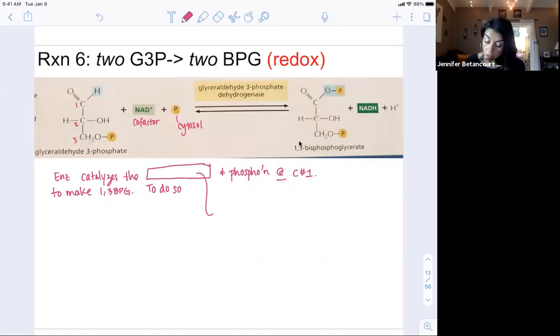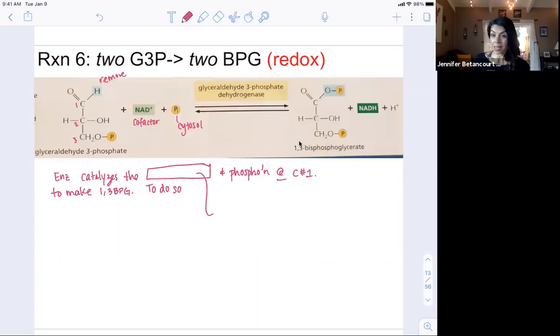So let's look at what's happening here. When you remove the hydrogen, it has to go somewhere. Sometimes it just goes into the cytosol, but most times it gets put somewhere else. And that's the whole reason that the enzyme needed NAD+ as a cofactor. So when the enzyme removed this hydrogen, it needed to put it somewhere, so it actually put it onto NAD+. So when you remove the hydrogen, by definition, you're removing an electron.